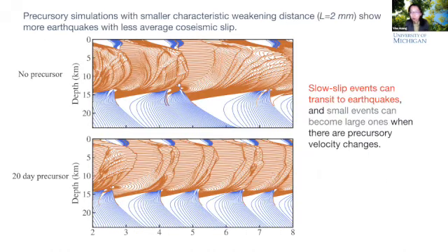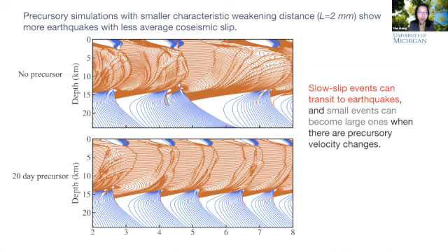But there could be more complexity in these kinds of simulations, especially when we reduce the L in our simulations. These two simulations are for a smaller characteristic weakening distance of 2 millimeters, just to demonstrate how variable the earthquake sizes could be.